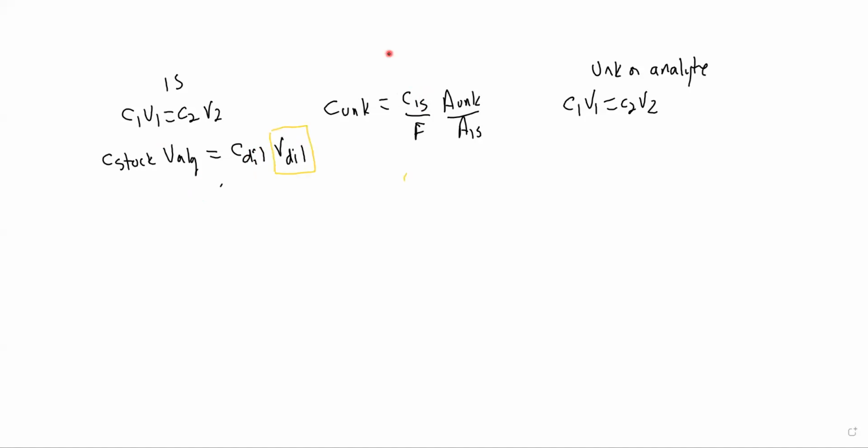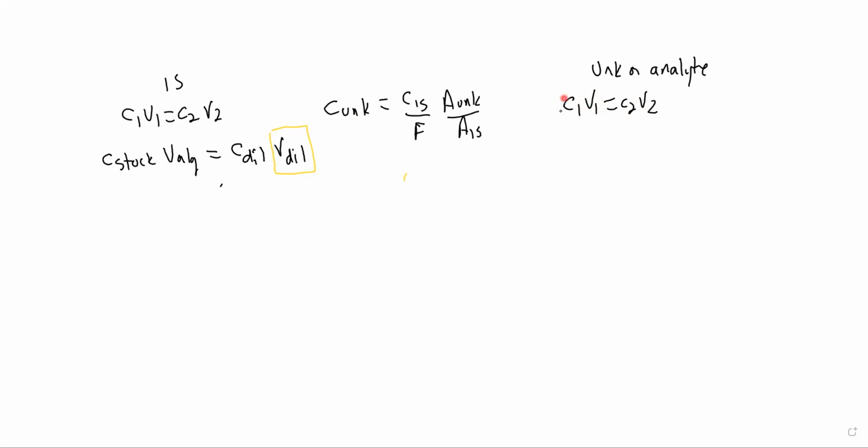When we go to the other side, after we've done our chromatography calculations, we're again looking at a C1V1 equals C2V2. Again, it's concentration of stock, volume of the aliquot, concentration of the dilute, and volume of the dilute. But in this case, we have the concentration of the dilute. That's what C unknown will be, the diluted concentration. We should know our aliquot volume from our procedure.